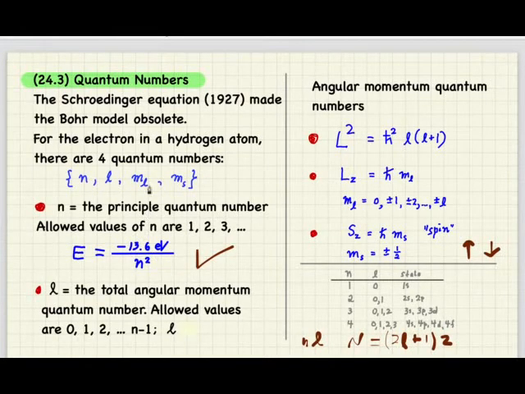Because in the Bohr model, there would only be one state with n equals 1 and one state with n equals 2, corresponding to one circle for each value of n, one circular orbit.